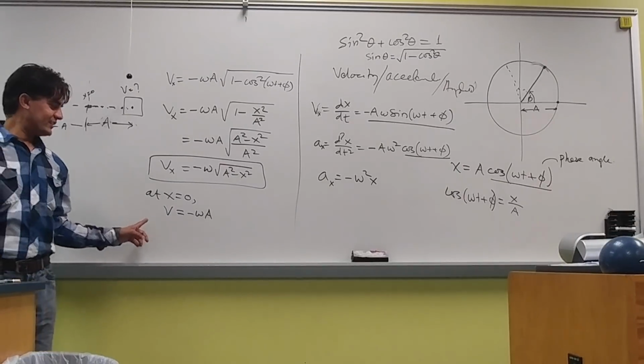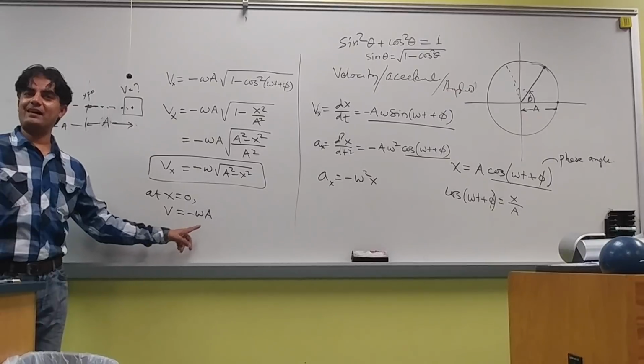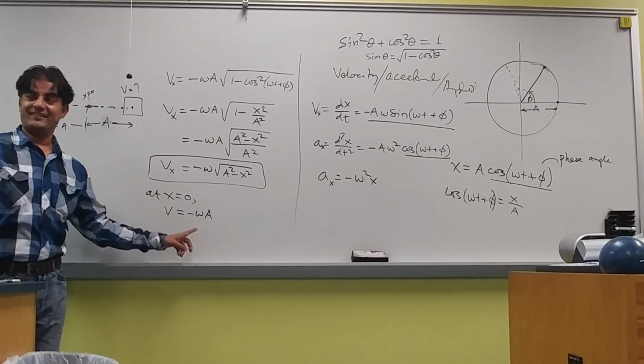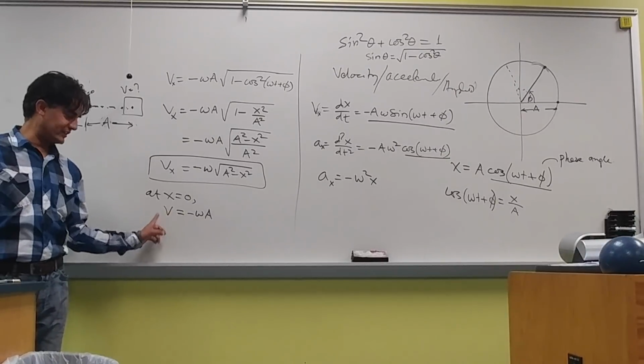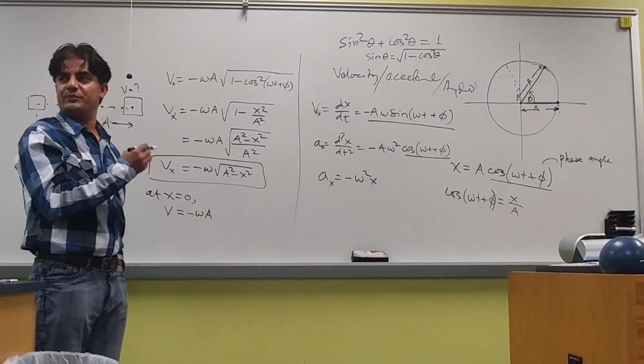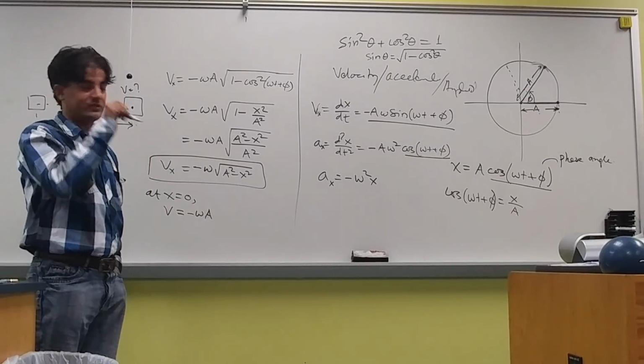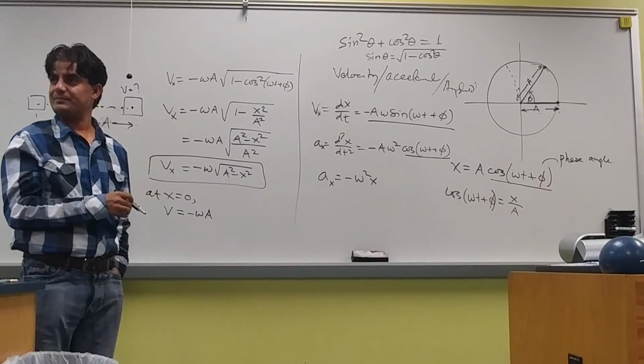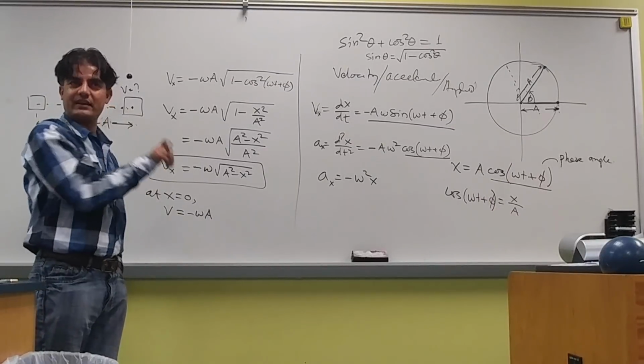Remember, the linear velocity was angular velocity times r. A is r. Actually, there will be a little bit of sign convention also. It will be plus and minus, whether it's coming this way or that way.